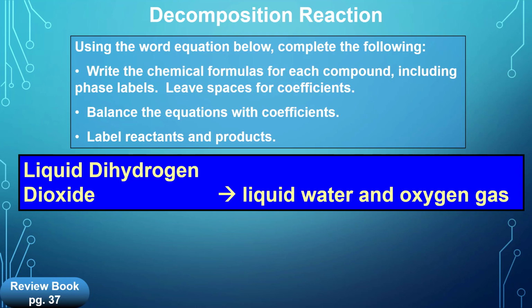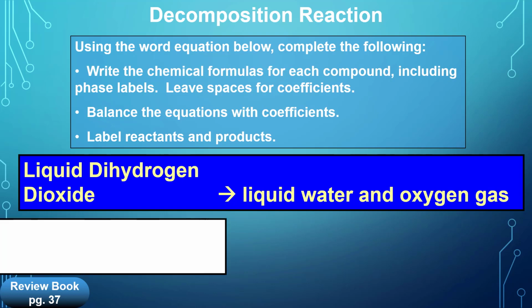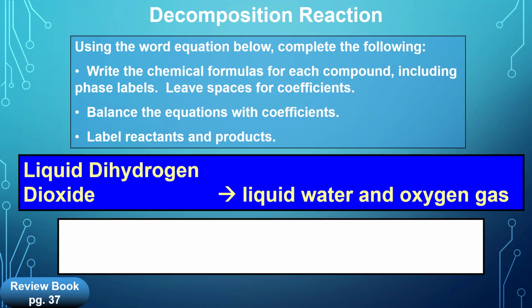So, again, please write out the chemical equation for this in the appropriate location of the Google Slides document, and then come back here and I will show you how it's done. Okay, so liquid dihydrogen dioxide.